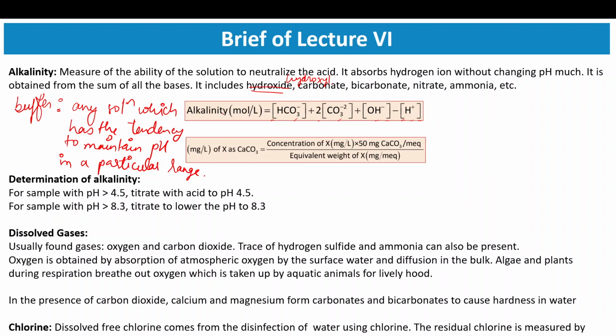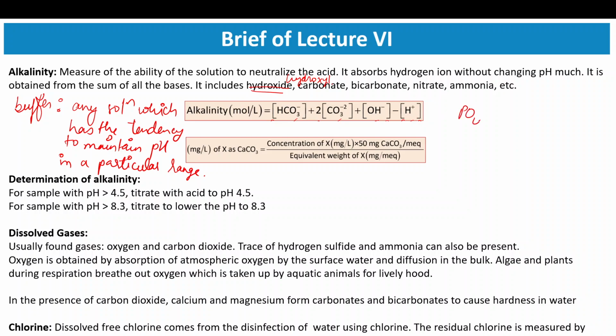So alkalinity, in mole per liter, is the summation of these anions minus the H plus. Carbonate here is counted as 2 because of the valency difference, since it can neutralize two hydrogen ions.